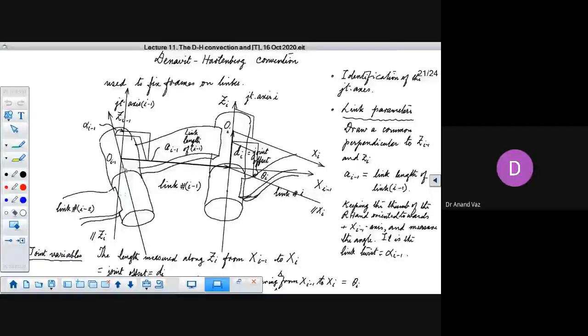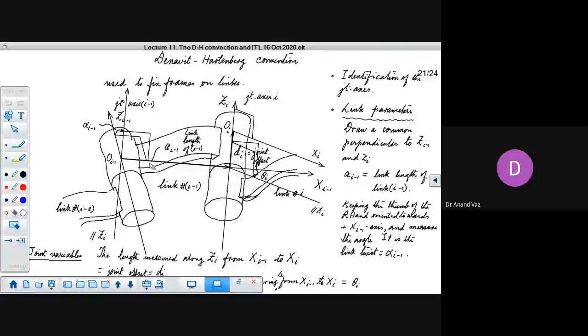Now in this, if we consider a revolute joint between link i minus 2 and link i minus 1, we get this common joint axis Zi minus 1. This is the axis about which the relative motion between link i minus 2 and link i minus 1 takes place.